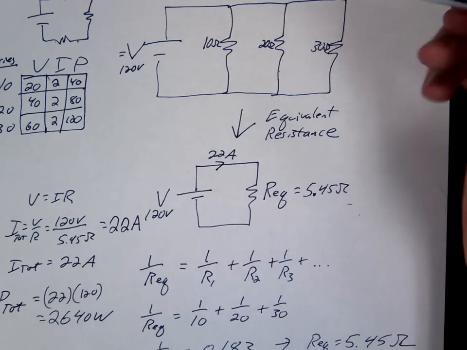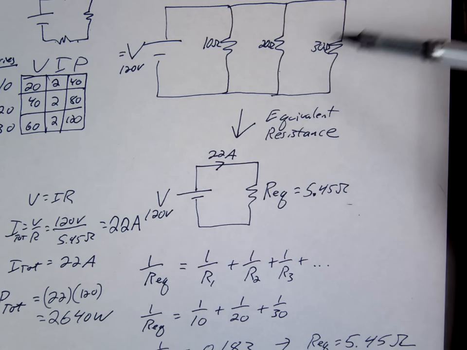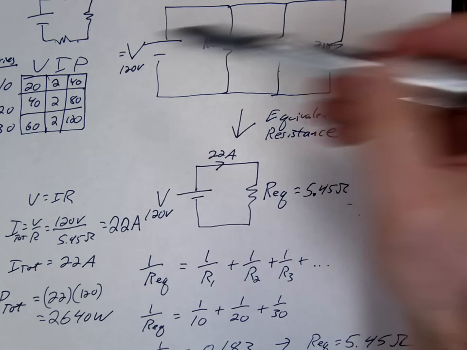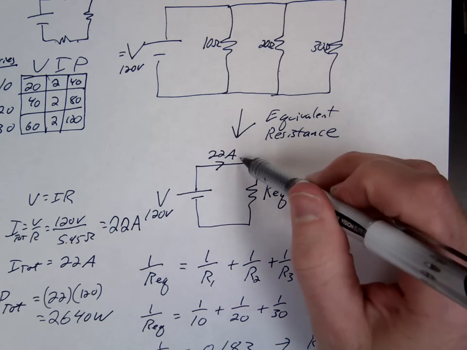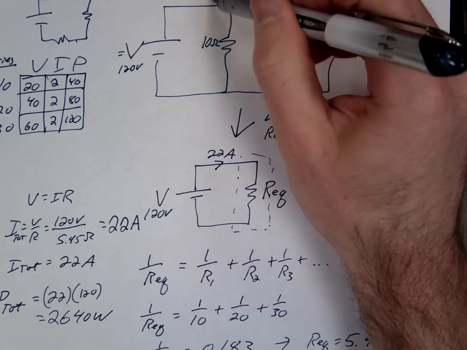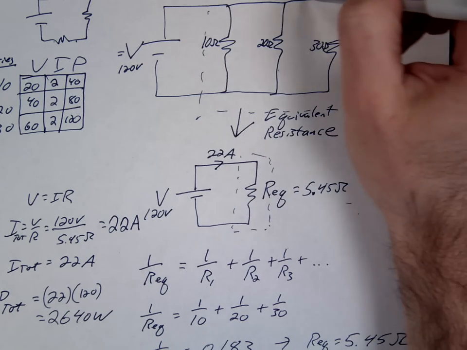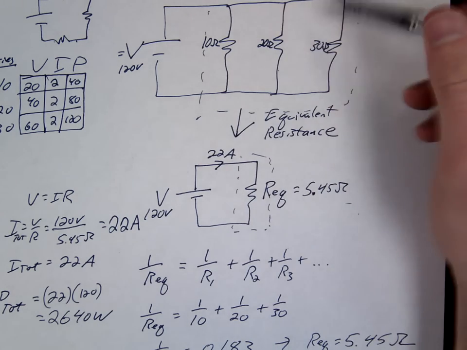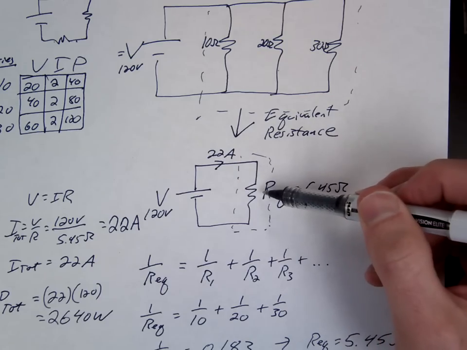Here's one option. Does 22 amps belong down each branch? In a series circuit, that's what happened, right? Everything got 22 amps. So one of the ways to think about this is, remember this R equivalent here, this came from the fact that if we were to draw a little box around this, all these resistors here are represented by this resistor down here, this equivalent resistance.